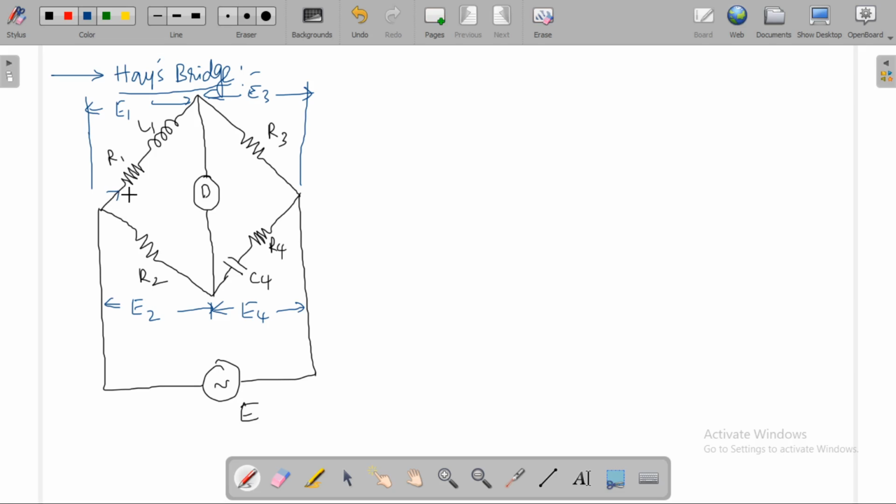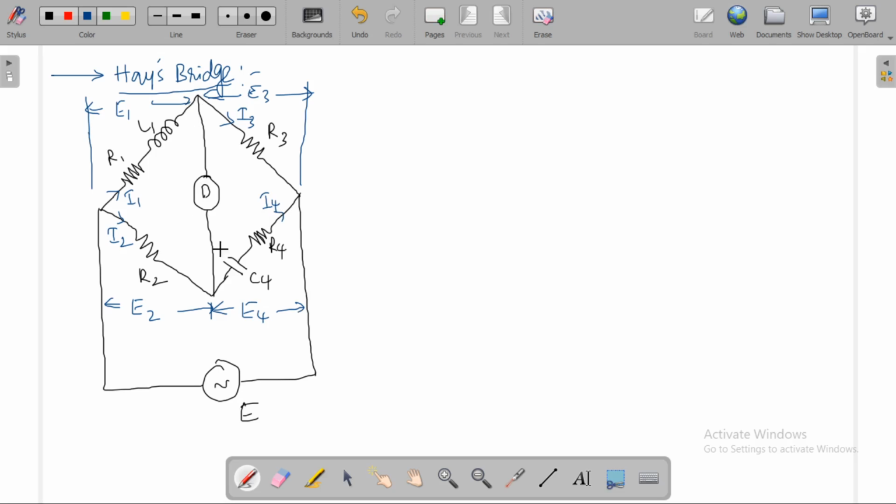The current flowing through this is I1, current flowing through this is I2, through this is I3, and through this is I4.